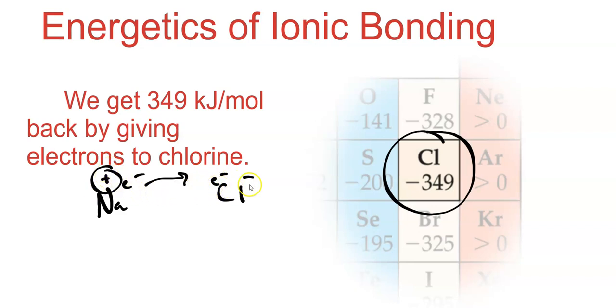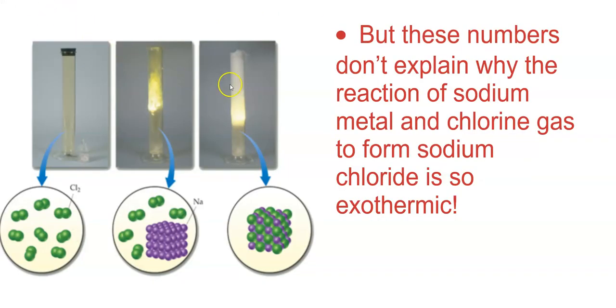And then this plus and this minus will attract to each other to form the bond of NaCl. It is the measurement pretty much of the attractive forces between this plus and this minus that we call lattice energy. These numbers don't explain why the reaction of sodium metal and chlorine gas to form sodium chloride is exothermic.